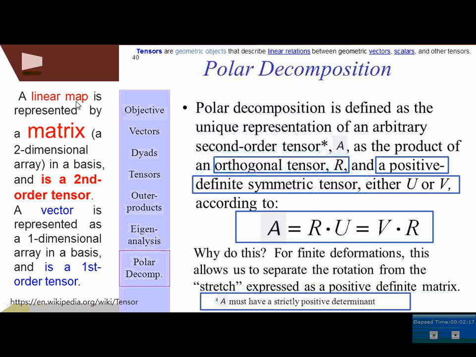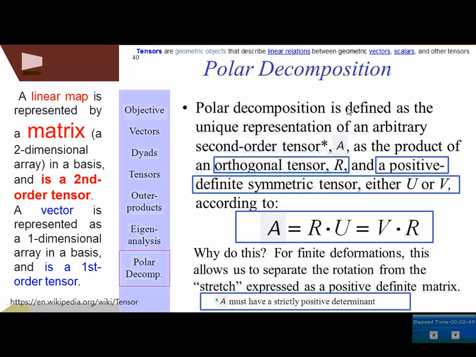A linear map, which is represented by a matrix, a two-dimensional array in a basis, is actually a second-order tensor. And a vector is represented as a one-dimensional array in a basis, so it is a first-order tensor. Here, you can just think of a second-order tensor as a matrix. So the matrix can be considered a linear mapping.